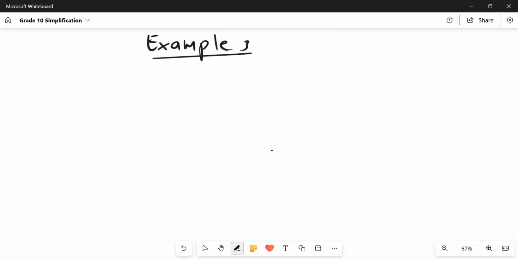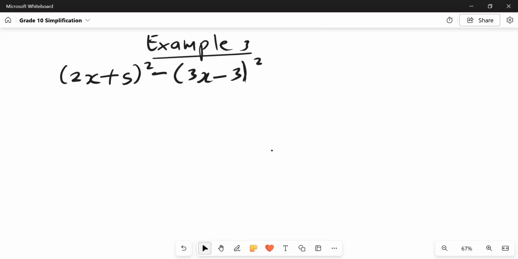For example number 3 now, they gave us (2x plus 5) squared minus (3x minus 3) squared. So the first thing that you have to do, you have to square the first term to get 4x squared, right?